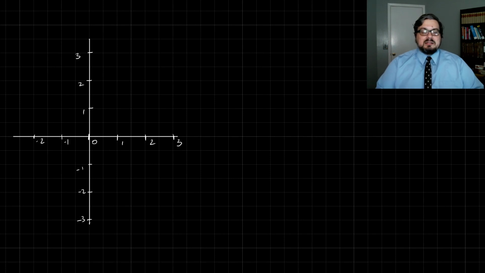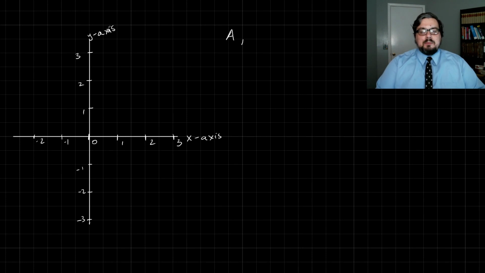Now, the horizontal axis is usually called the x-axis because it's going to be used to represent the first number in our pair, which usually is represented by the symbol x. And the vertical axis is usually called the y-axis because it's usually representing the y values of the pairs that we're looking at. That is the second entries in it.